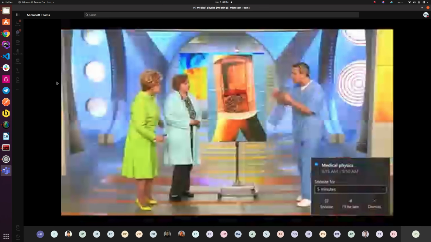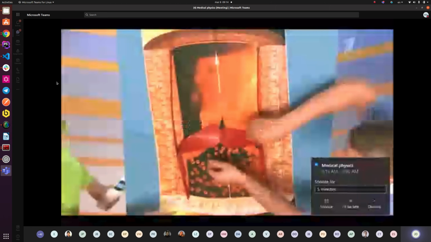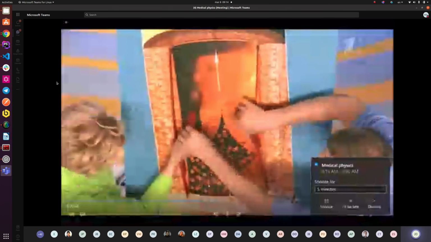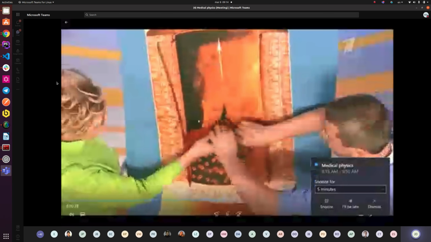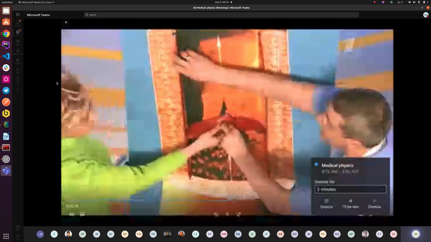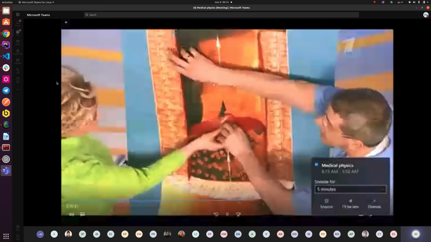So he's explaining that we need to move. So because of this, the gate is open, and blood can be moved in this direction.